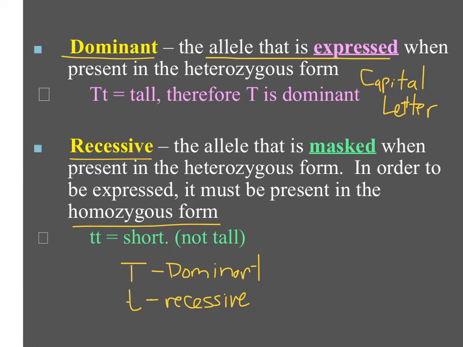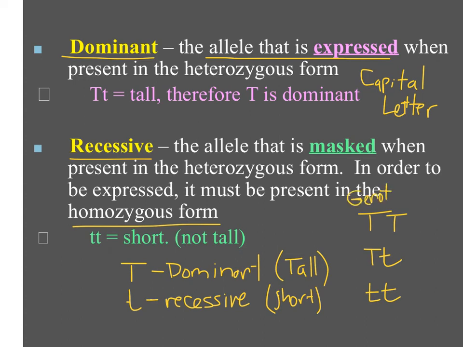Now, if you recall from before, capital T means tall, and little t means not tall, but I'm just going to say short because it's faster to write. Now, a person can have the genotype capital T, capital T, capital T, little t, or little t, little t. We went through that. So that can be their genotype, because those are the letters.